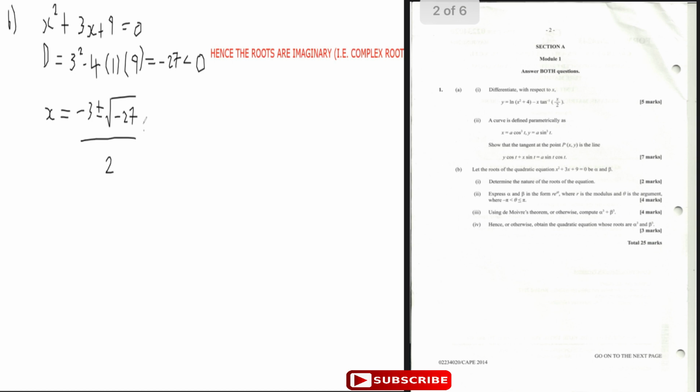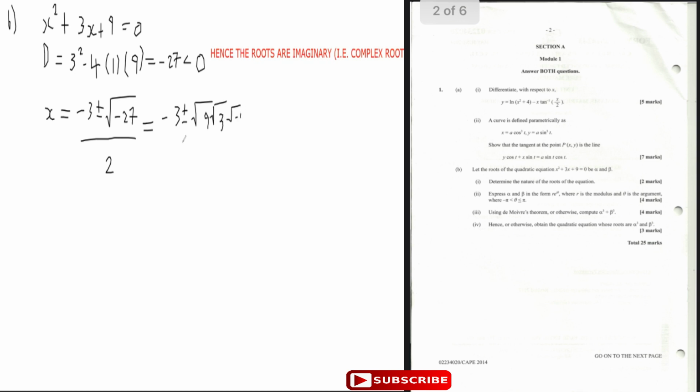So x is minus 3 plus or minus the square root of negative 27, over 2. I can break this up as the square root of 9 times the square root of 3 times the square root of negative 1.